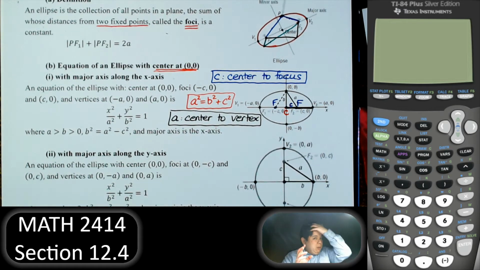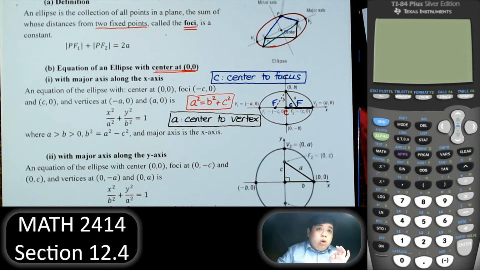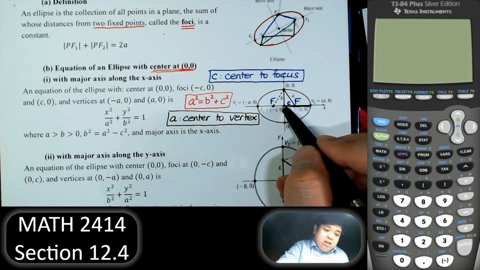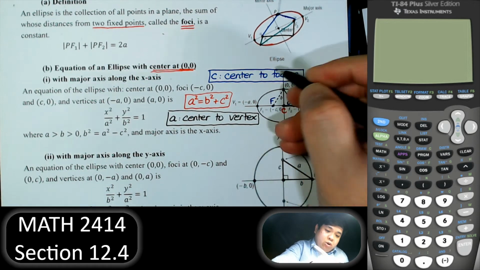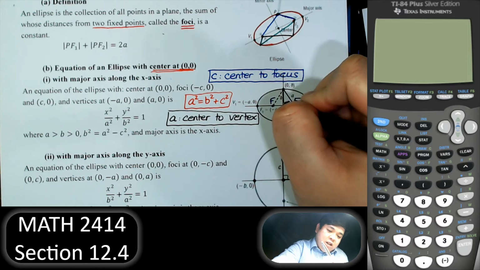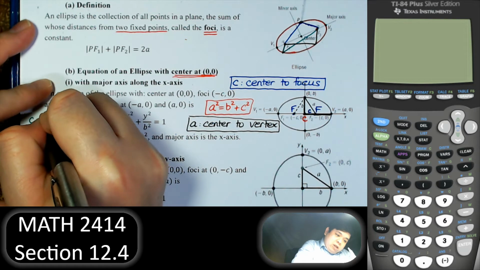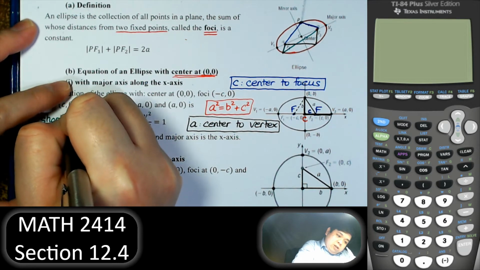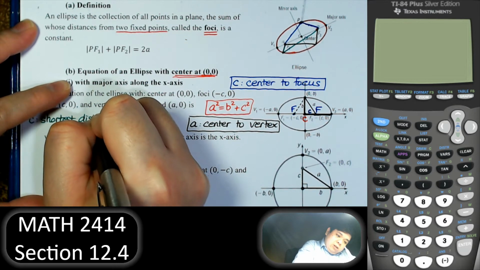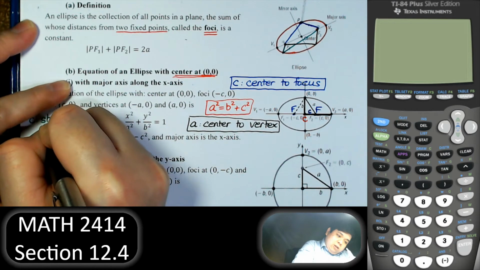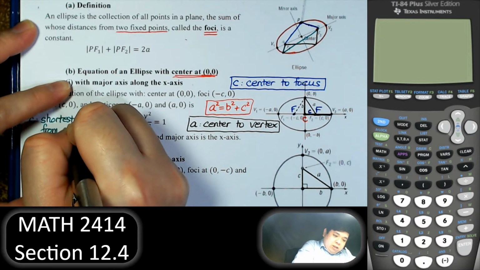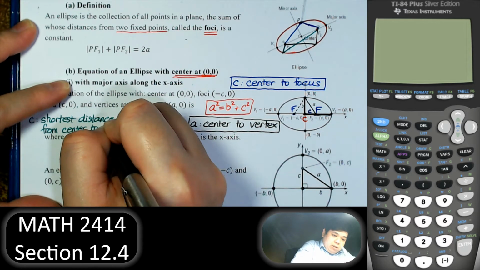Remember, a is the biggest distance from the center to the ellipse, and b is the smallest distance from the center to the ellipse. So this is the shortest distance from the center to the ellipse.